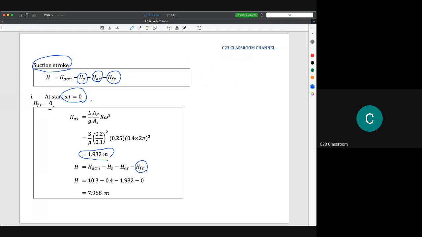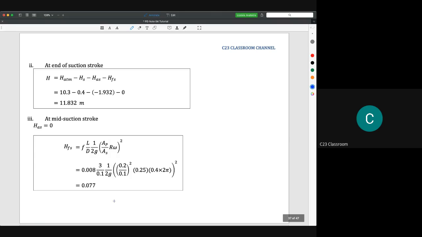I think we already discussed this. Then we get the absolute head at the piston at the beginning of the suction stroke, which is 7.968 meters.